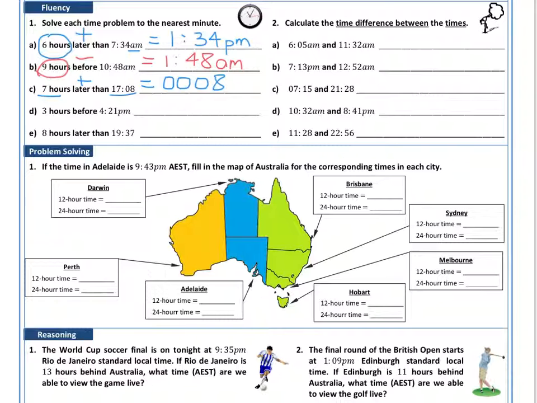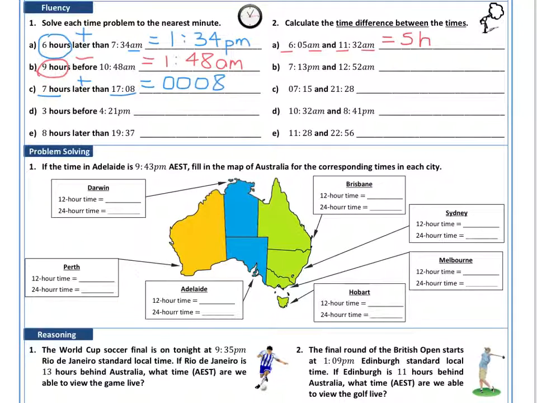I generally find it easier to break it up into hourly lots and then compare sets of 10 minutes to each other. So for instance, I can see that in that first question, I'm going from AM to AM, starting at 6 hours and ending up at 11 hours, giving me a time difference of 5 hours.